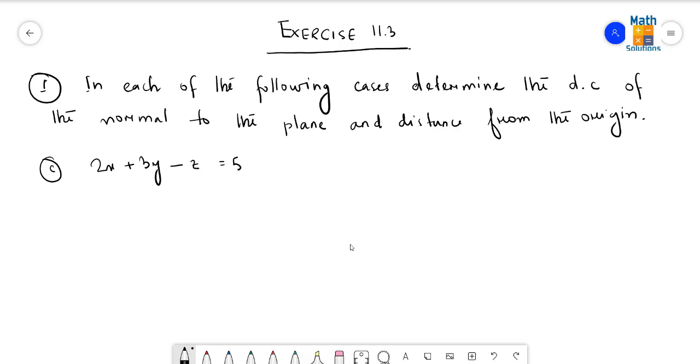I am going to proceed with one of these 4 sums, and I am picking up the third one, that is C. So what is given here? Let us proceed with the solution.